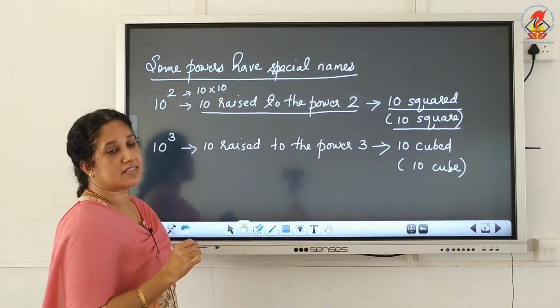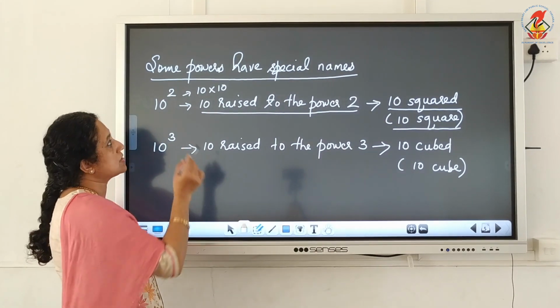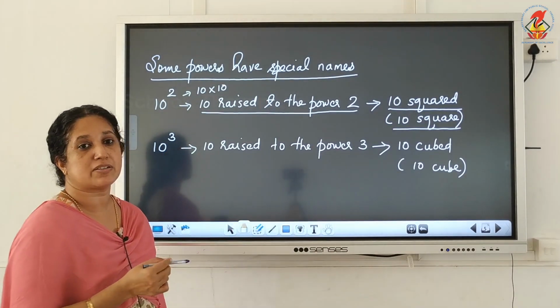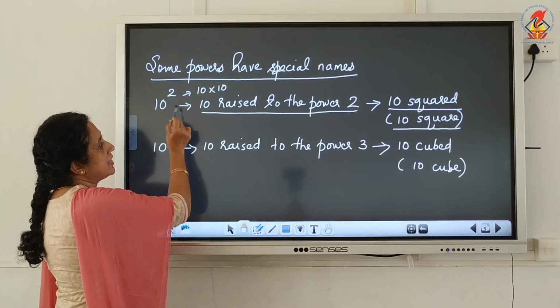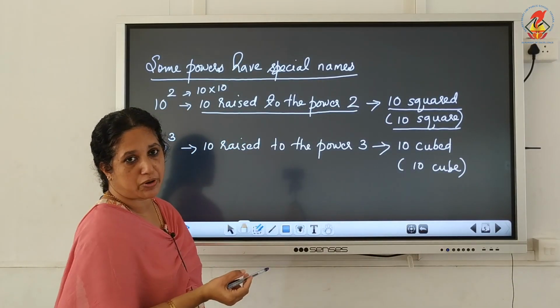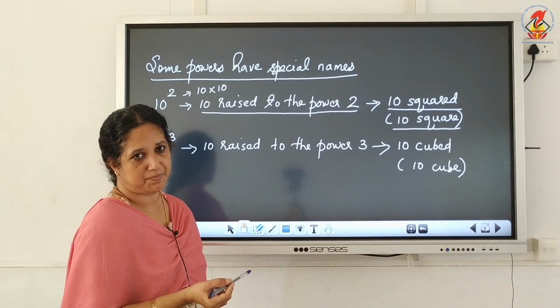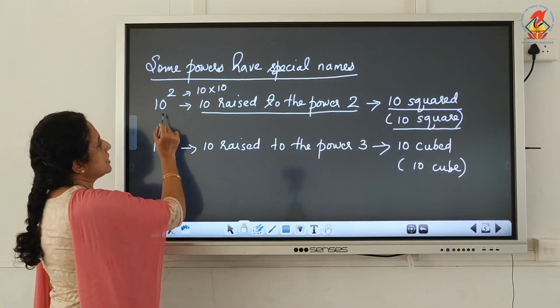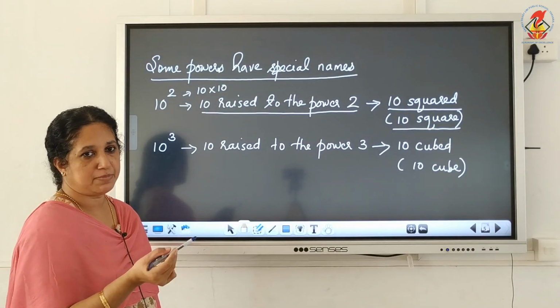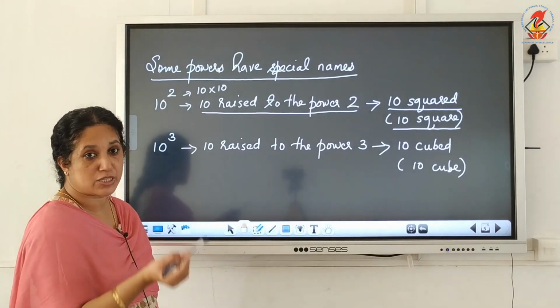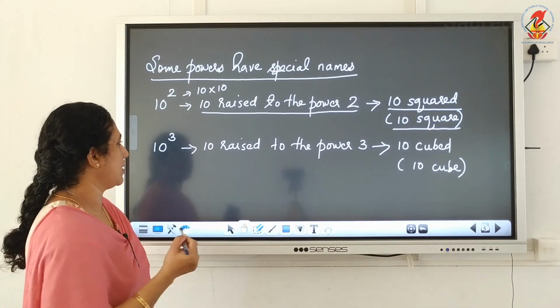So if the exponent is 2, we can say it as 10 squared. That means the number is multiplied by itself 2 times only.